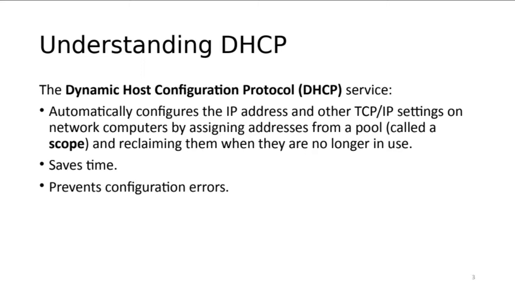It will save your time as a network administrator. It will prevent configuration errors also, no duplication. You don't want to end up giving the same IP address to different computers, as this will cause problems.